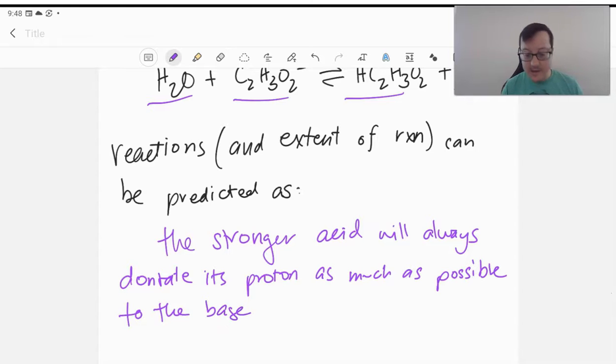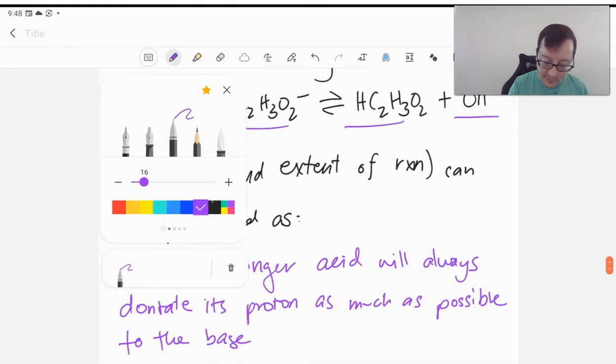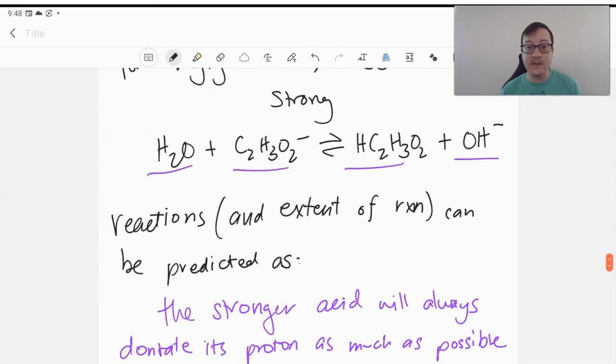And that means that your stronger acid is always going to be the small side of your equilibrium constant. So that means that if acetic acid here is the strongest acid of all these things, the equilibrium will lie away from that. The equilibrium will be on the other side. So indeed, we're going to see that water and acetate is going to be mostly what's hanging around in this collection of molecules.